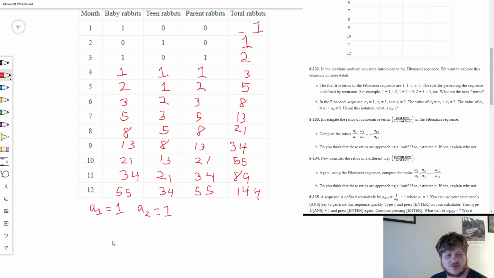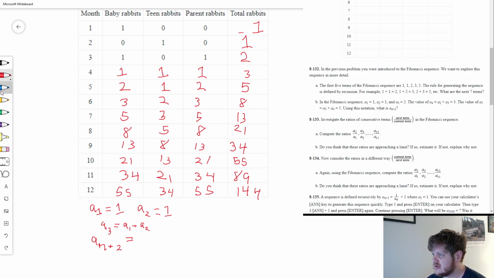And it wants us to make an idea of what is a sub n plus 2. So if we plug in 1 for n, a sub 3, which is 2, is equal to a sub 1 plus a sub 2.